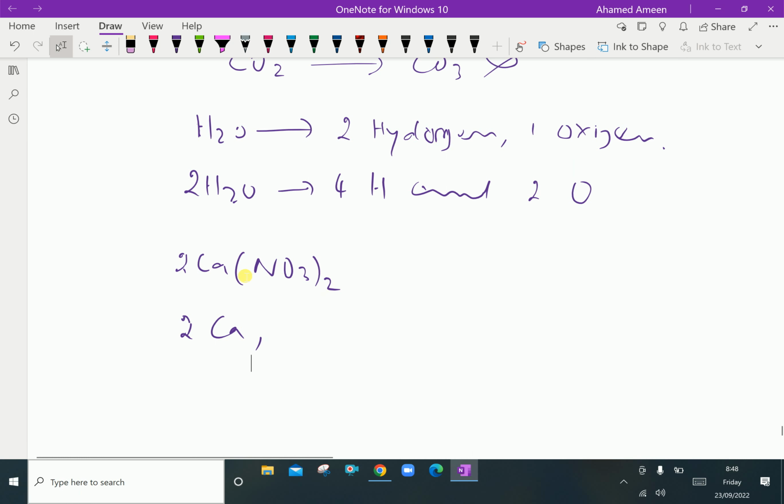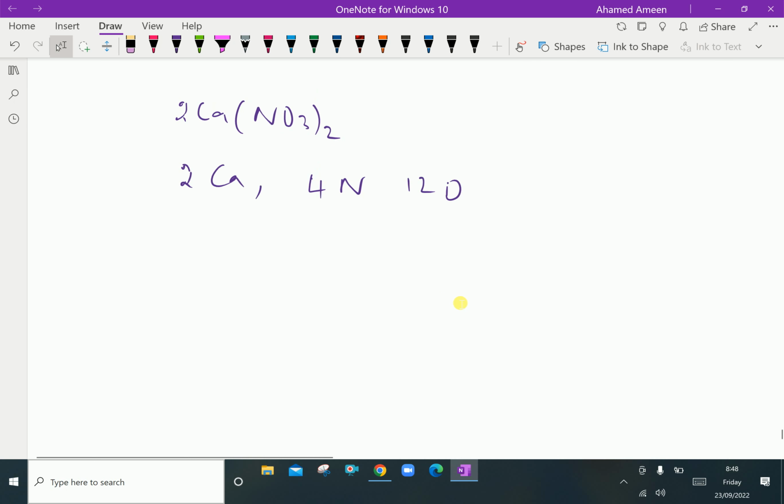That means N is 1 and 2 is multiplied, totally 2 nitrogen, and oxygen has 3 inside, multiplied by 2 gives 6, and multiplied by the outer 2 gives 12 oxygen. This 2 is included for all elements, that is 2 Ca, and N is also multiplied with 2, and oxygen is 2 into 3 is 6, and with the outer 2, totally 12 oxygen. Like that you have to follow the rules.